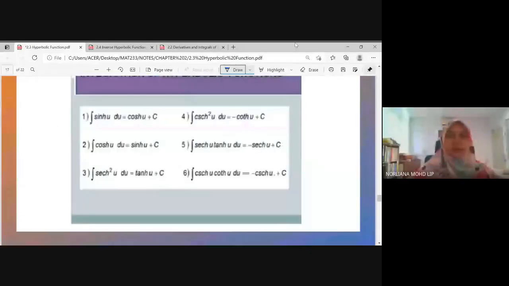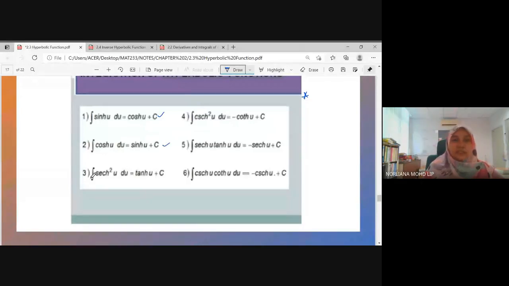Okay, next. This will be given in the final. Many things you need to know. The integration of hyperbolic sin equals hyperbolic cos. Okay, number 2, integration for hyperbolic cos.